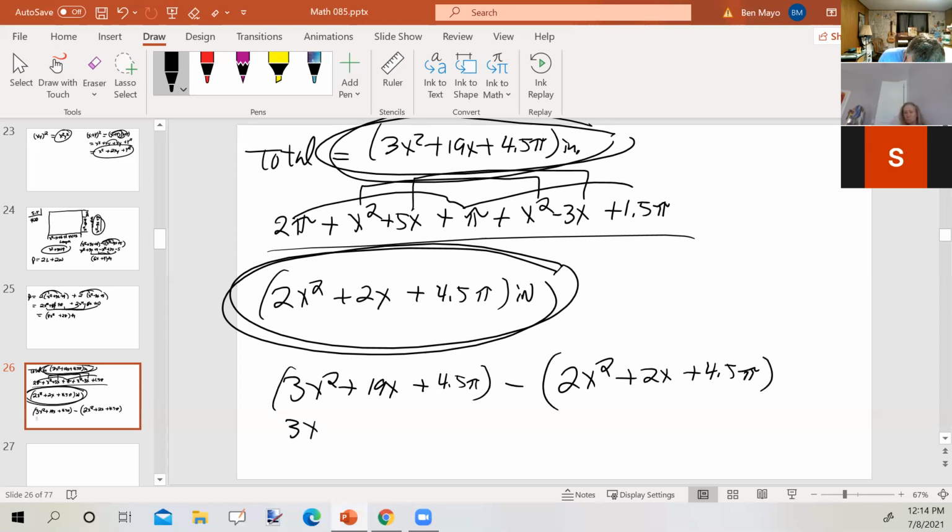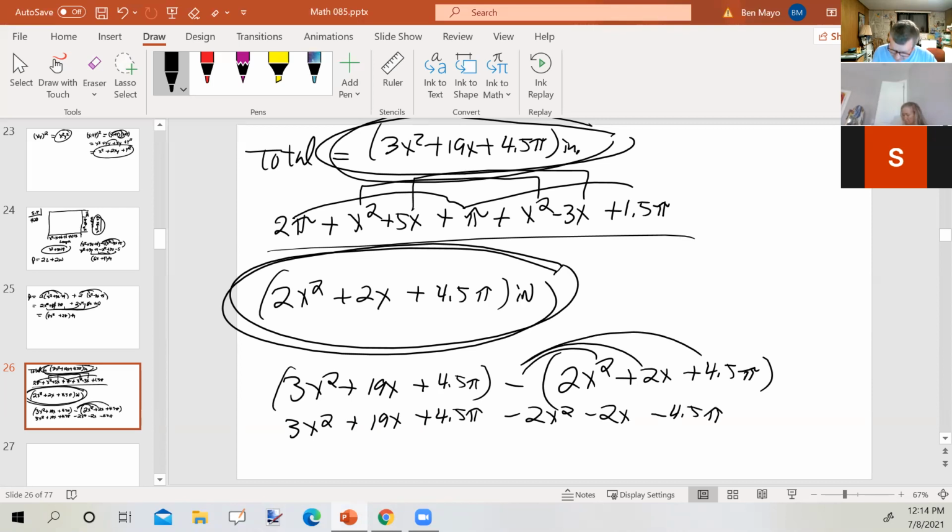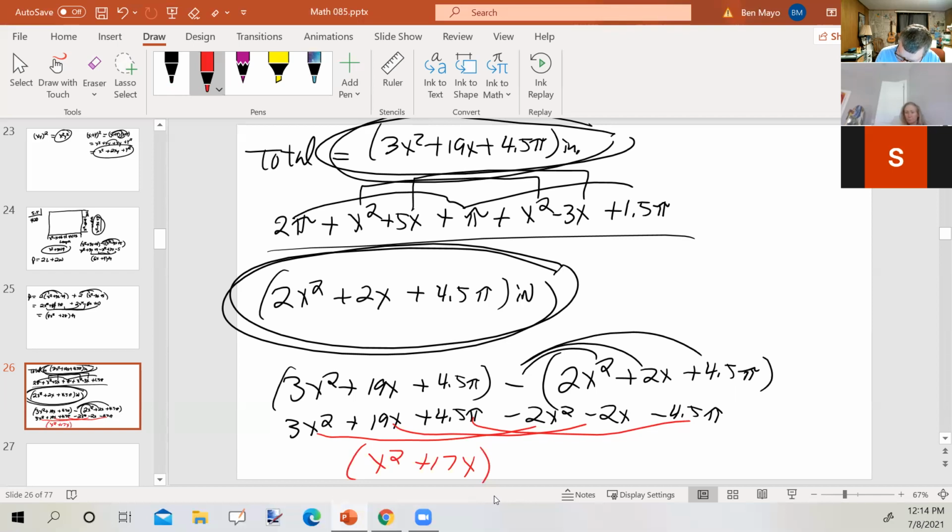So this becomes 3x squared plus 19x plus 4.5 pi minus 2x squared minus 2x minus 4.5 pi. Combining like terms, we get x squared plus 17x, and the pi cancels. So I've got x squared plus 17x inches. Don't forget the units though.